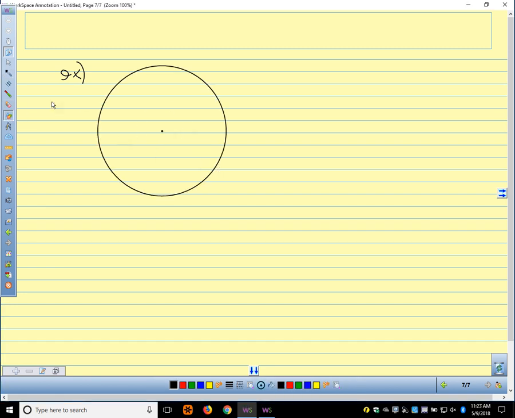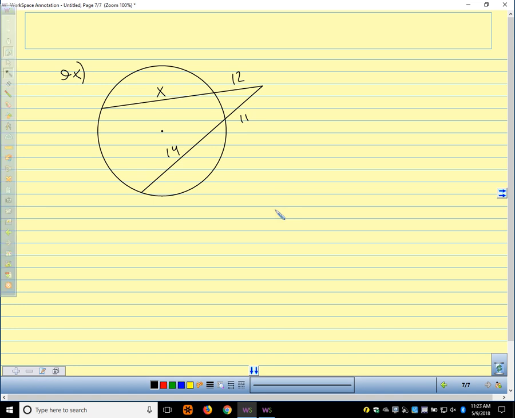So here's our circle. Call this X, 12, 14, and 11. All right, we have two secants. We're talking about lengths rather than angles.